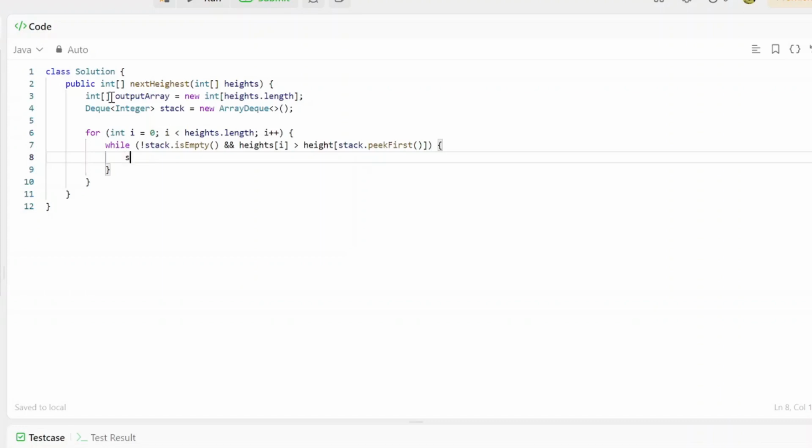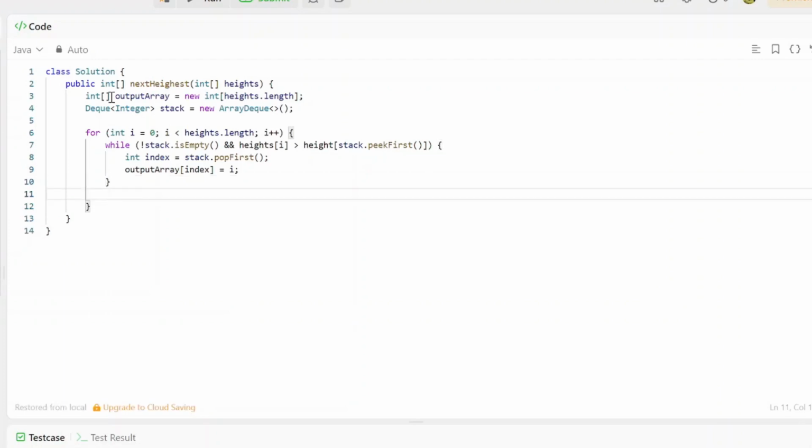So let's pop. We know the next highest element for the popped element, that is the current element, so we are just assigning that in the output array. After that you need to push as well, push the current element into the stack. So that's what we are doing here, pushing the current element's index to the stack. And finally, after that, small typo here, and finally we are going to return the output array.